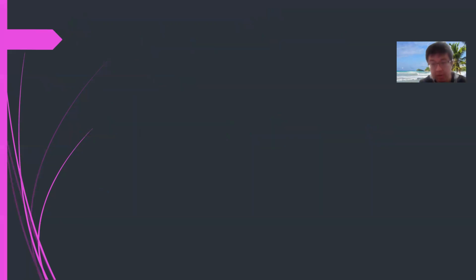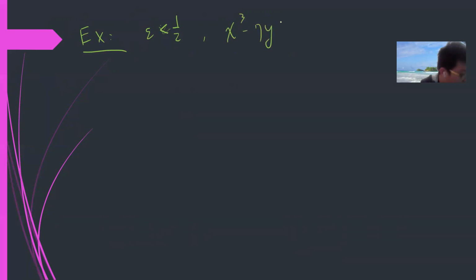And okay, so another example, which is also interesting. This example says that suppose epsilon is less than half, and the equation that you're curious about is x cubed minus 7y cubed is 1, only finite solutions.